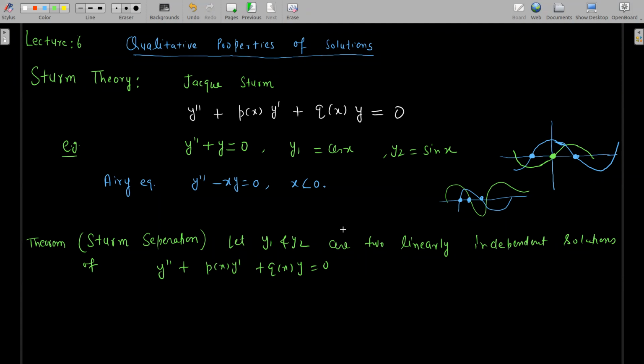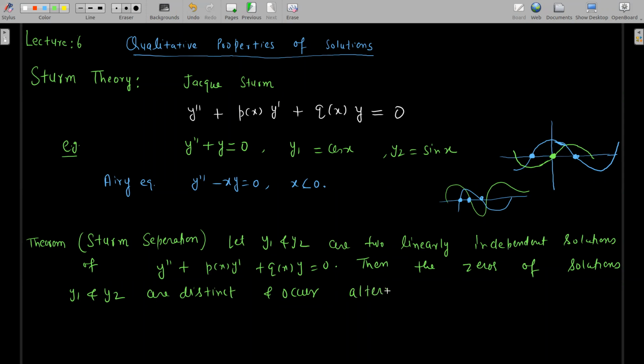Then the zeros of the solutions y1 and y2 are distinct and occur alternately.